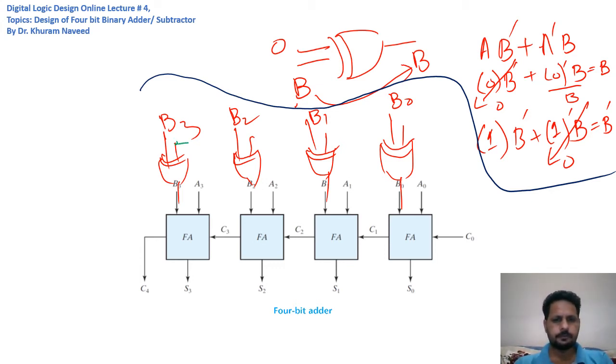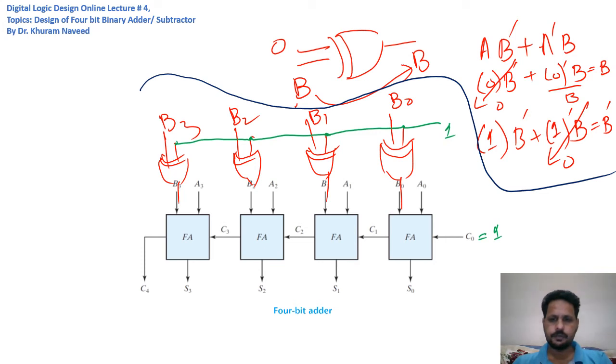That is in case of subtraction. In case of subtraction, this input should be 1, and the same is also the case for C naught. So C naught should also be 1 in case of subtraction.